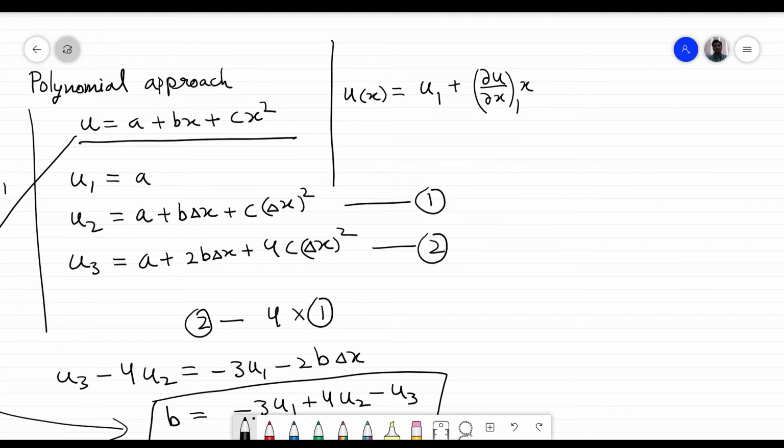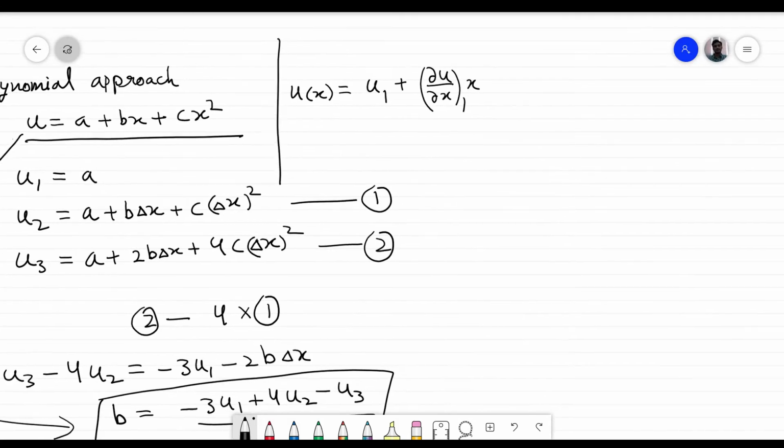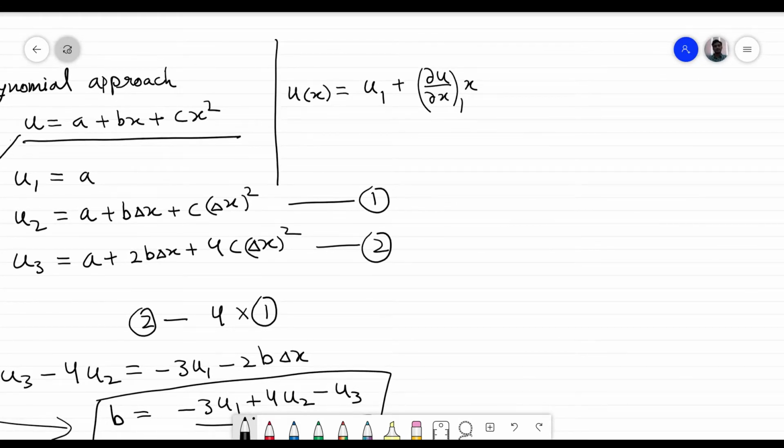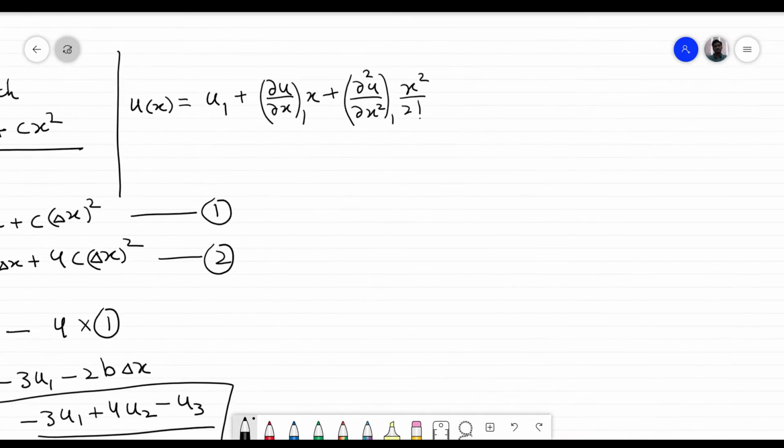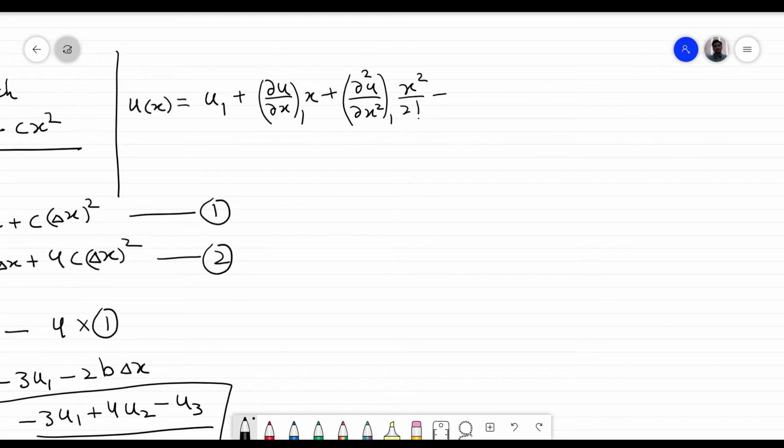X is the distance away from point 1 where we want the value of u, plus dou 2u by dou x square at point 1 times x square by 2 factorial, plus dou 3u by dou x cube at 1 times x cube by 3 factorial and so on.